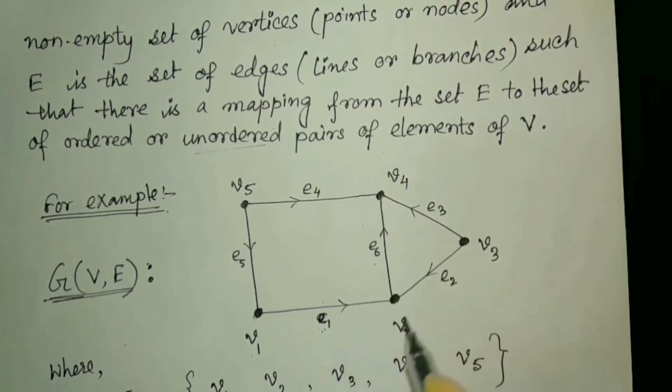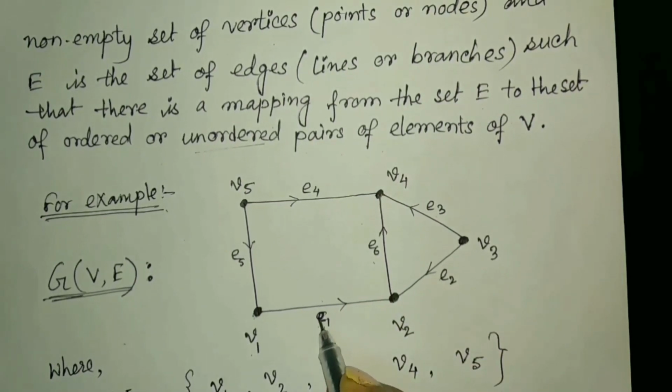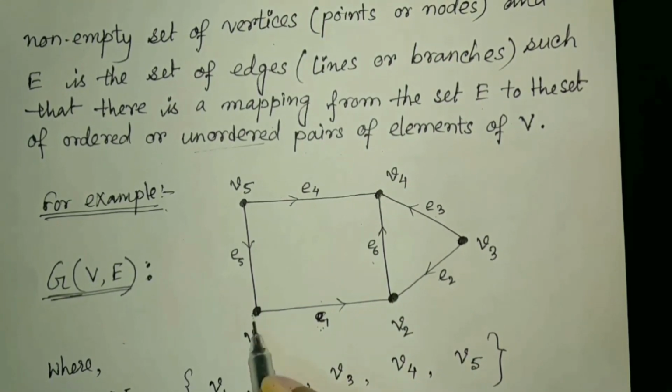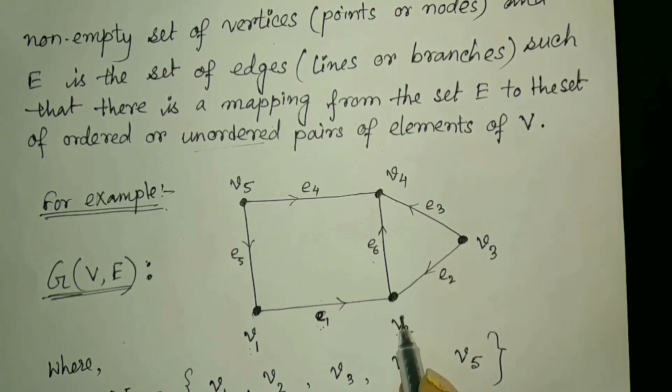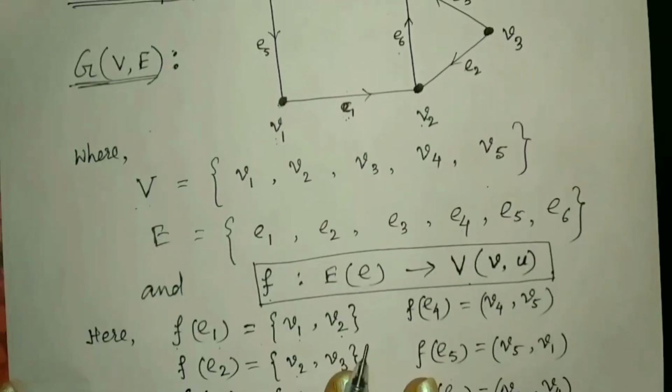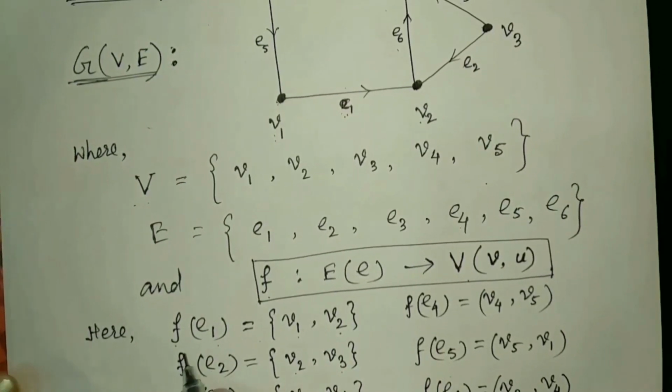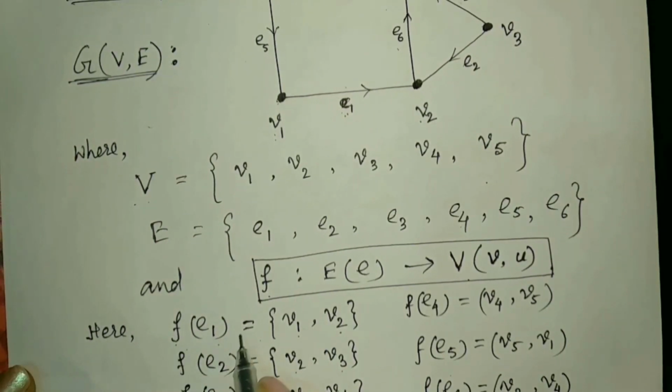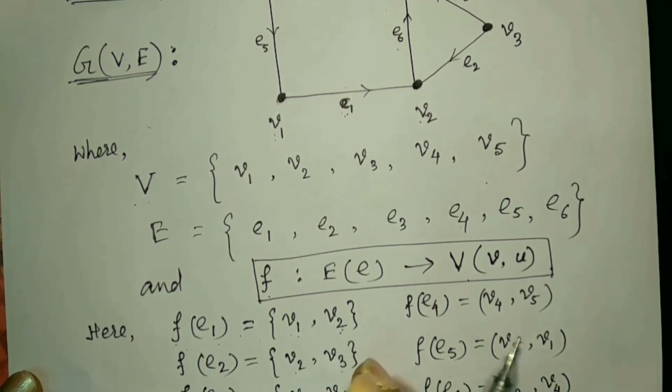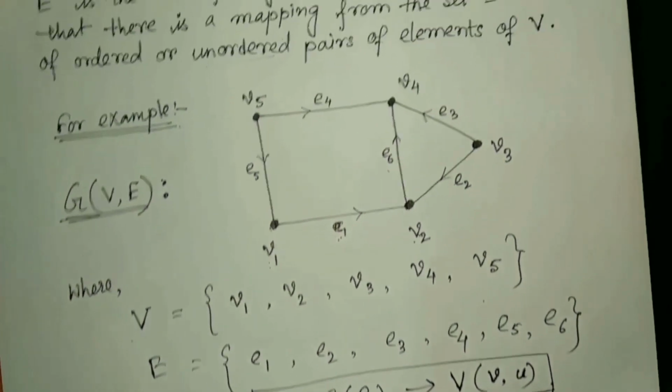For the directed graph, if we consider the edge E1, then for this edge V1 is the starting vertex and V2 is the end vertex. When we write through this function, it is f of E1 is equal to V1 V2, not V2 V1, because it is a directed graph and direction is provided.